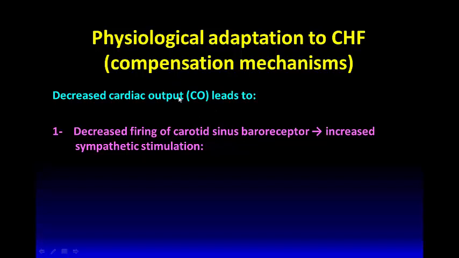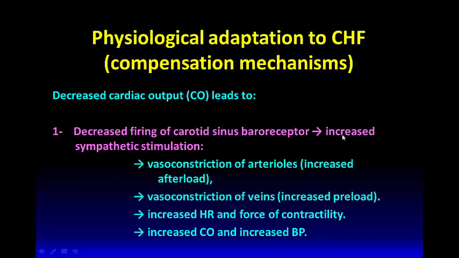With the decreased firing of carotid sinus baroreceptors, sympathetic stimulation is increased, resulting in vasoconstriction of the arterioles, hence the afterload is increased, vasoconstriction of the veins, hence the venous return increases and the preload is increased, and increased sympathetic stimulation also increases the heart rate and force of left ventricular contractility. Accordingly, the cardiac output and blood pressure are increased.